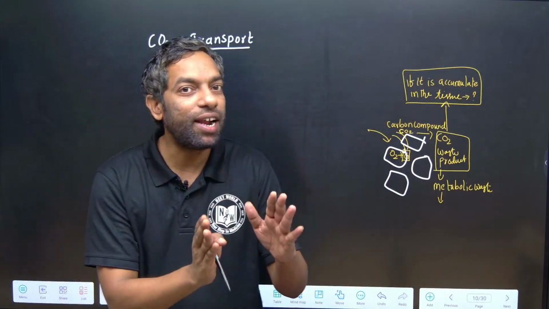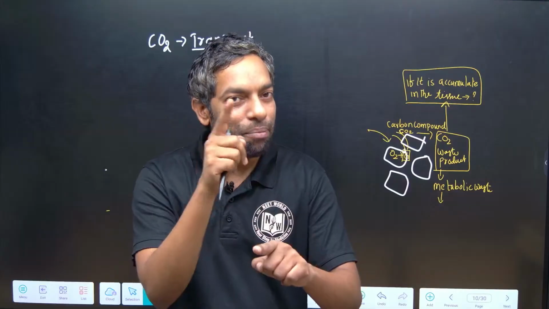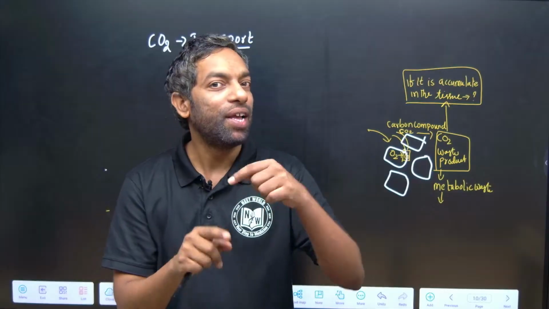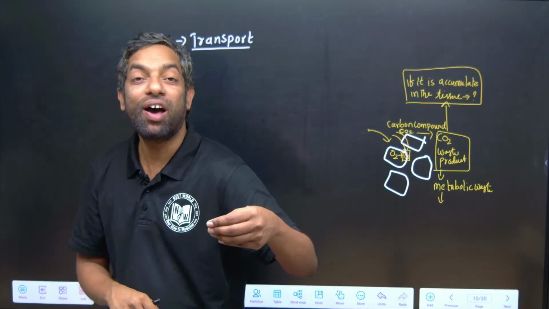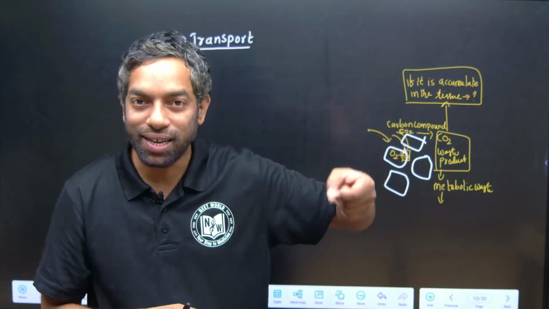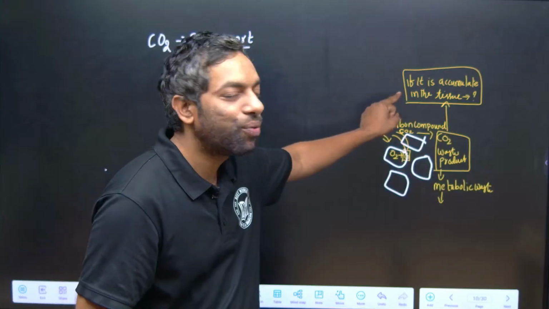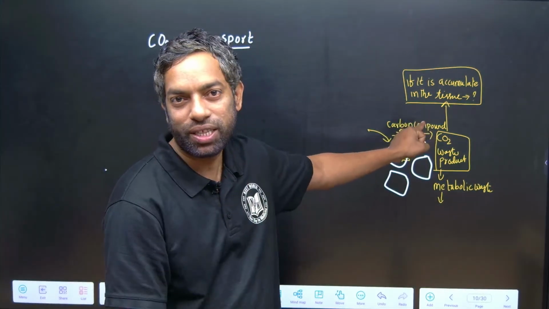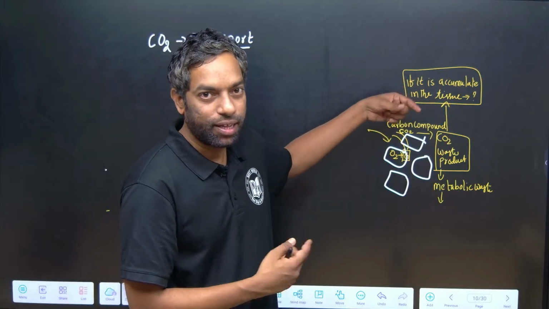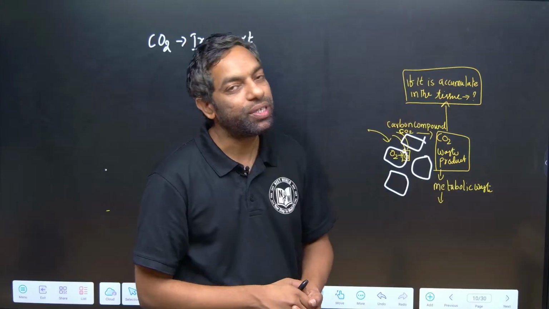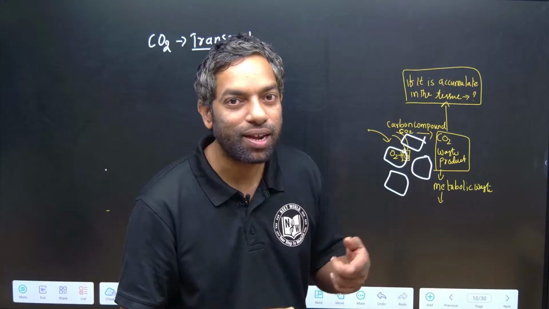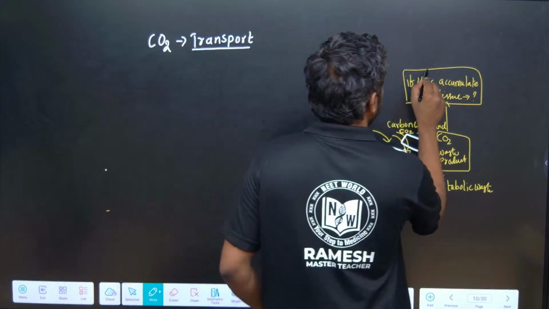If CO2 accumulates in the tissue, it can change the pH of the blood. Will it decrease the pH or increase the pH? Will the blood become acidic or basic? This is the question for you. This kind of question can come in NEET. If they want to go beyond, in an analytical way, they can ask what happens if CO2 accumulates in the tissue. This is the next era of NEET questions.